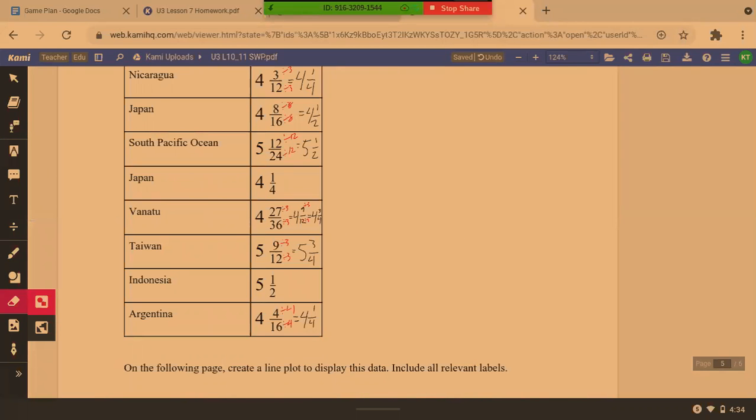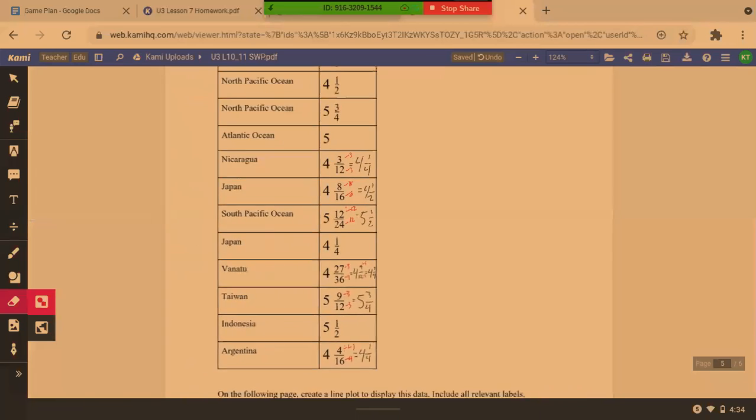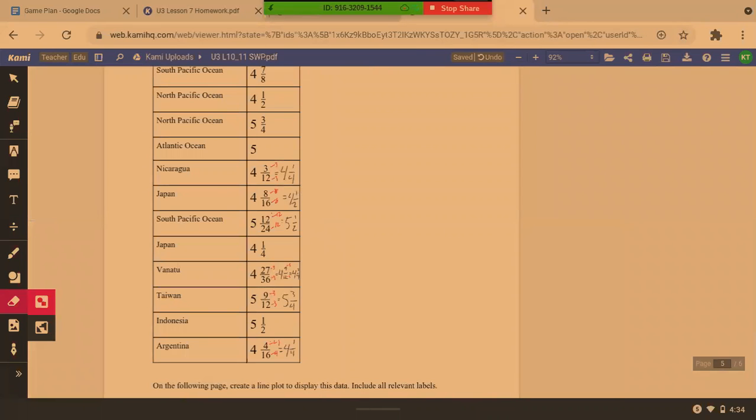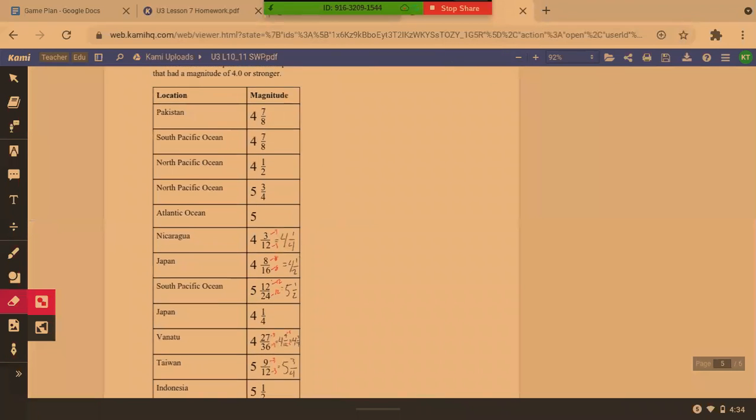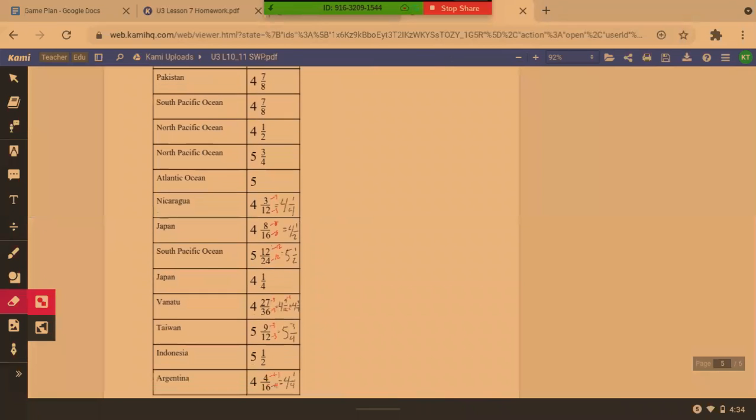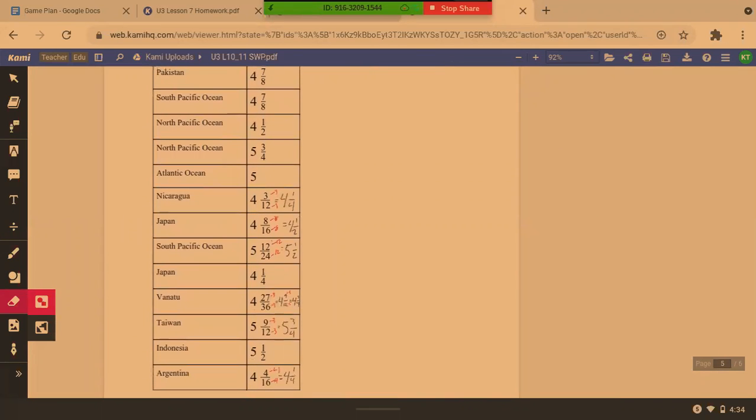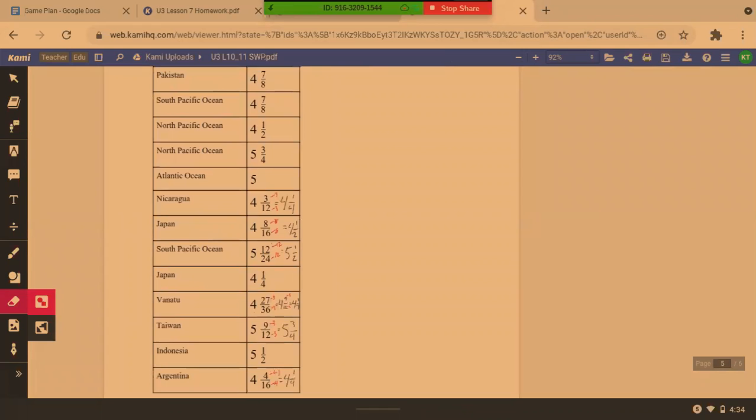Okay. So now that I've simplified all of these mixed numbers, I want to put them in order. Okay, so let's go for the smallest. So let's look at the whole number first. Well, it's kind of hard for me to compare these fractions.